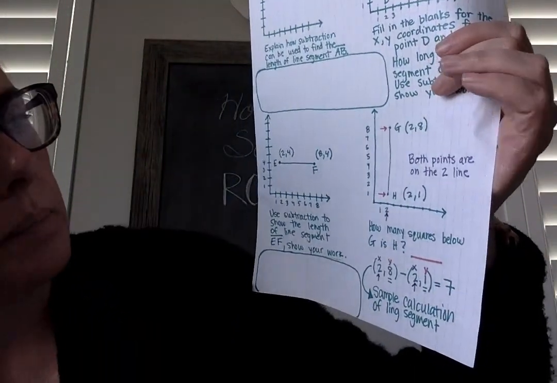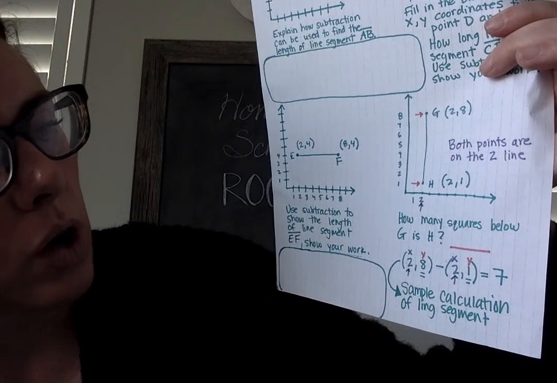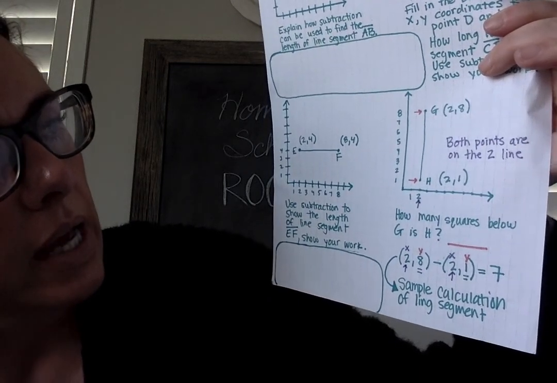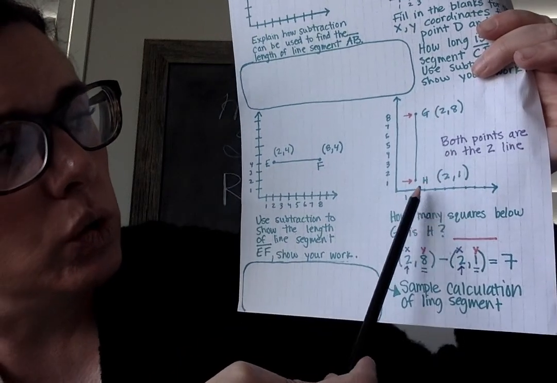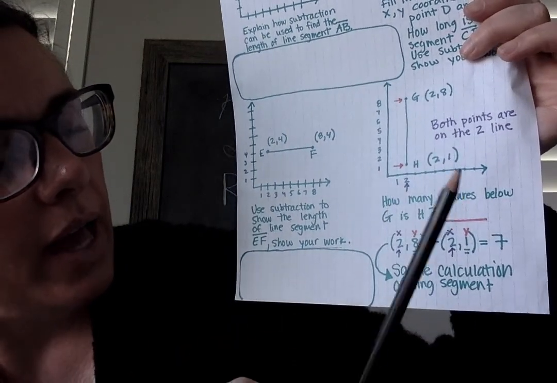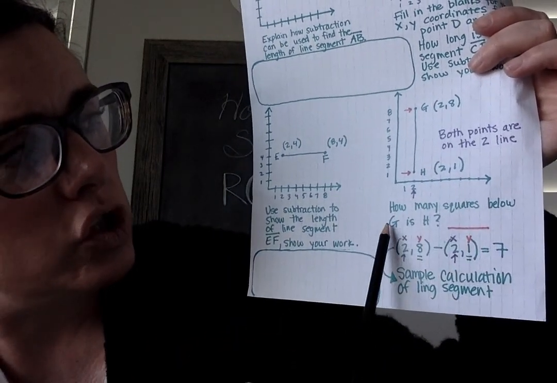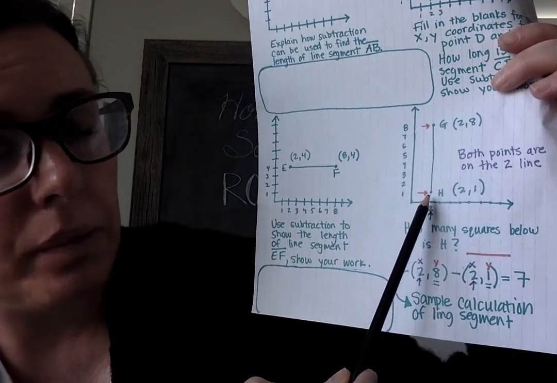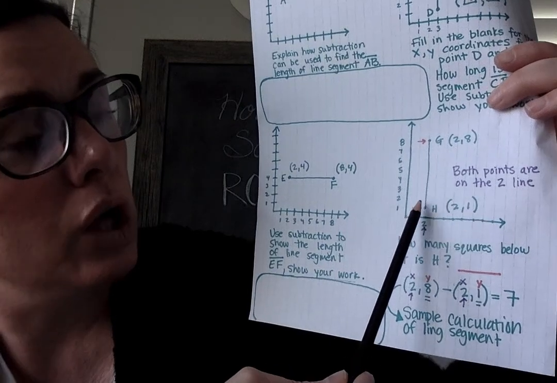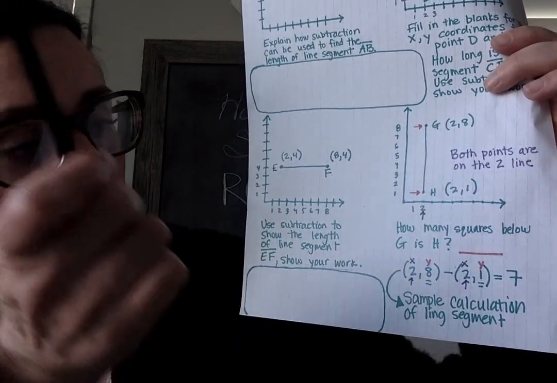All right, let's do this last little bit, and I'm going to have you do this one on your own. I think that you can do it. It talks about how both points are on the 2 line. How many squares below G is H? So again, you're finding the length, but you're just finding how many squares below G is H right here.